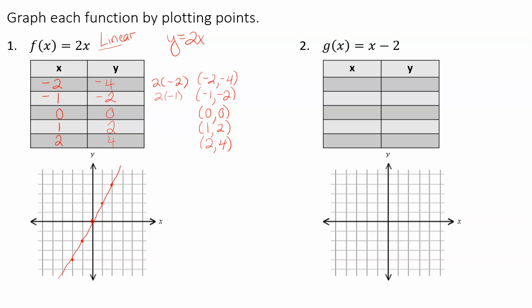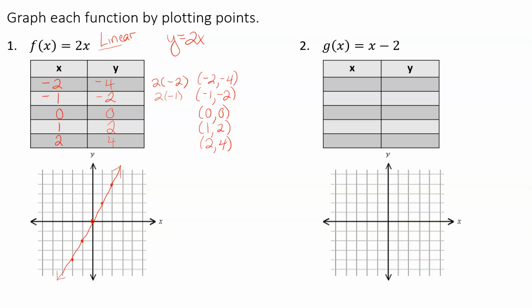Again, on your work, if you could use a straight edge, that would be great. Then on the ends of the line, let's put arrows, indicating that this actually keeps going forever. And this graph is representing all the points, all the ordered pairs that make this equation true.